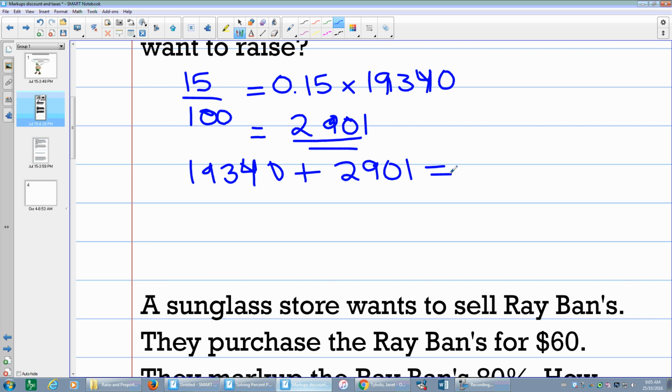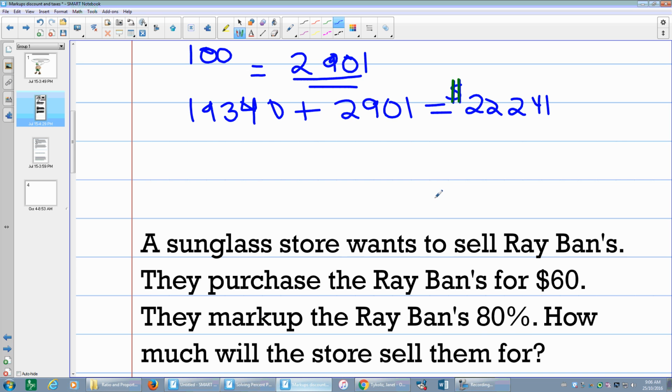And when I add those two values up, you will see that now Holy Cross wants to raise $22,241. So I have to add it to the total. I'm not just finding 15% of a number. I have to do something with that. It's increasing. We want it more, so we add that to the total.